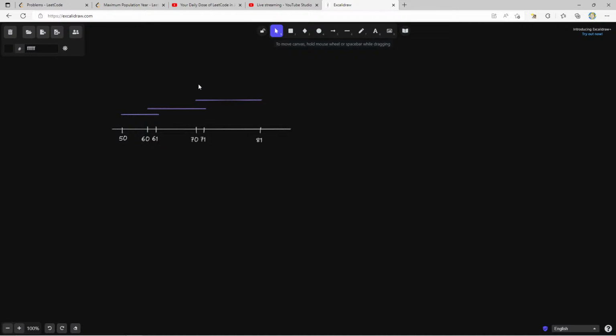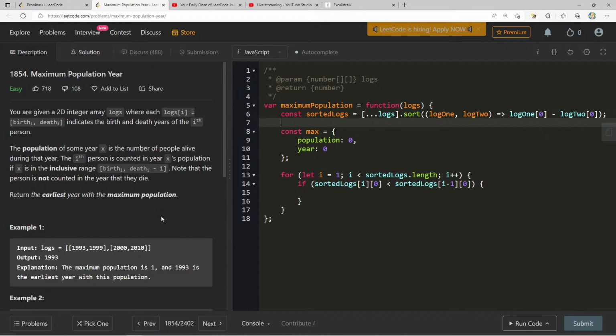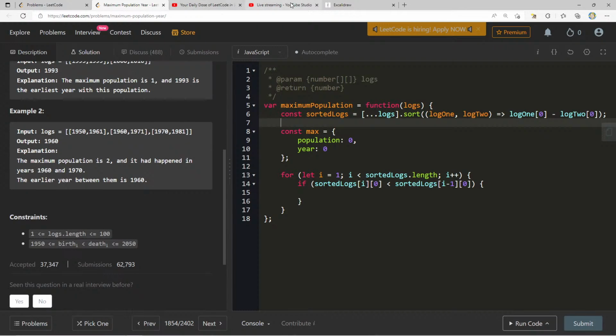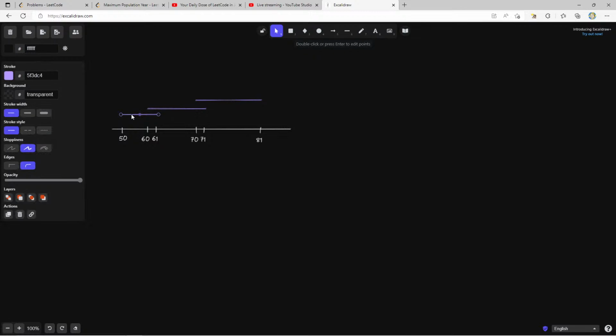I might be overthinking this one, because it seems almost like a relatively straightforward intervals question. Birth, death, less than 2050. Oh, okay. Wait, where am I? Okay. This one's less than this one, so I can include both of them.